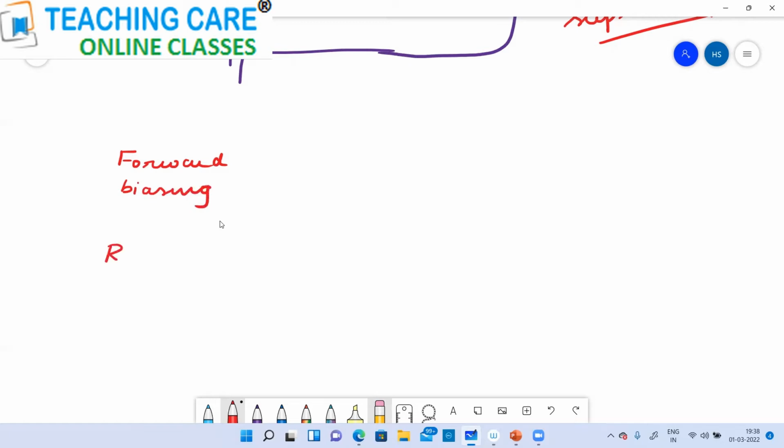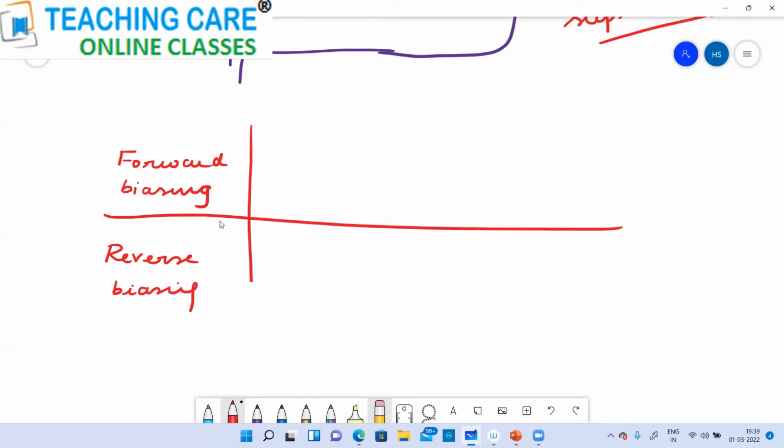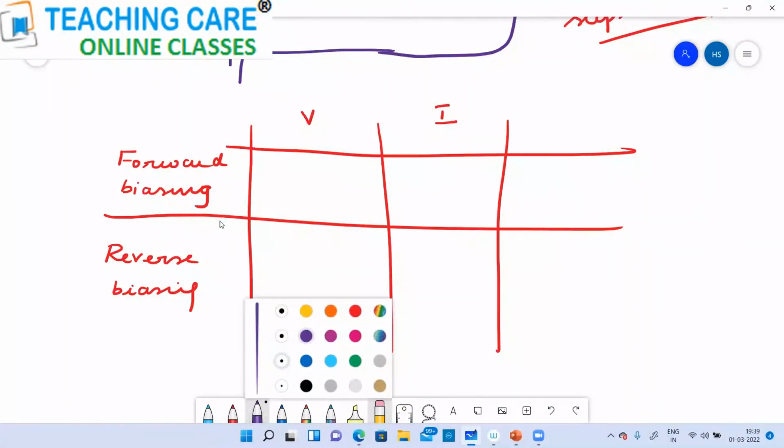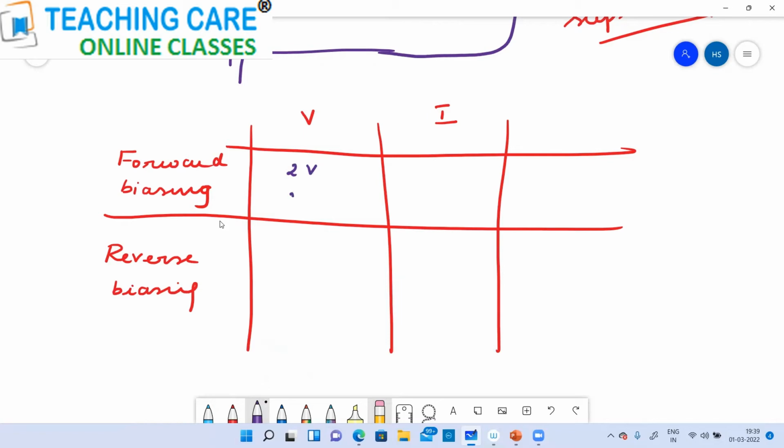Forward biasing. Reverse biasing. V, I. 2 volt, 2.4 volt.